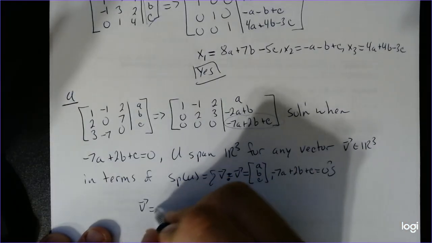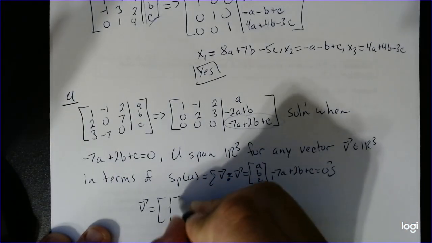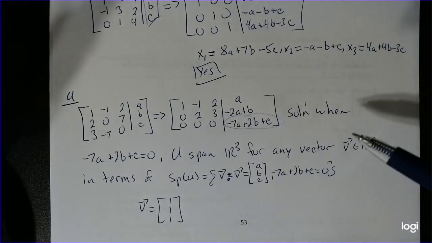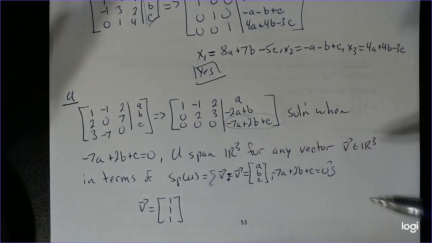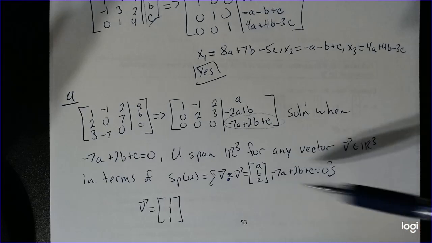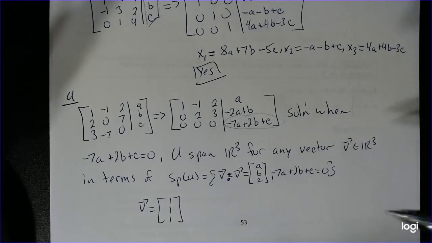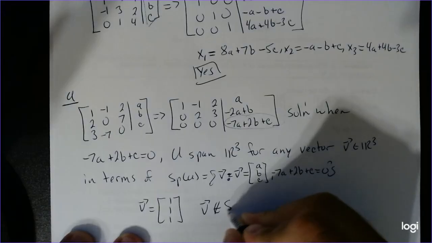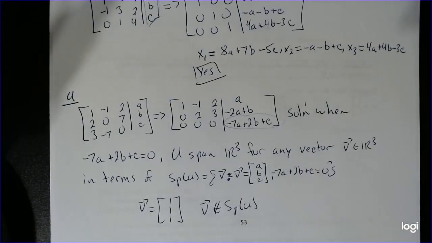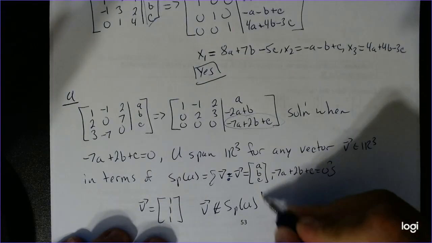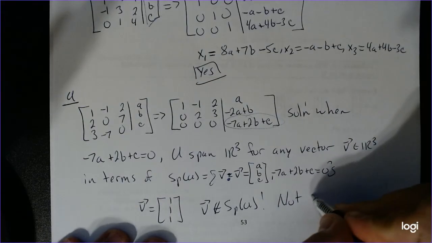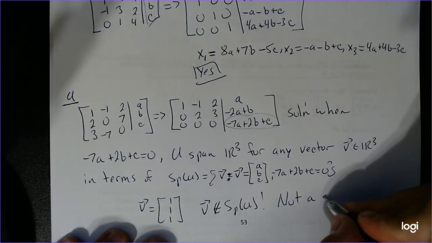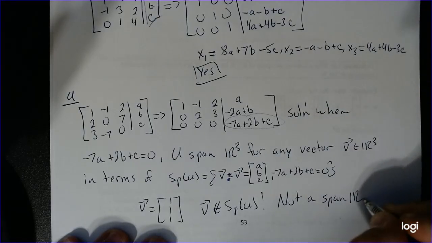So the problem is, if I have a vector V equaling, let's say, 1, 1, 1, the question is, can I find a linear combination that makes this true? And I actually can't. So again, we have a bit of a problem because vector V is not in the span of U. Which means this is not a span of R3.